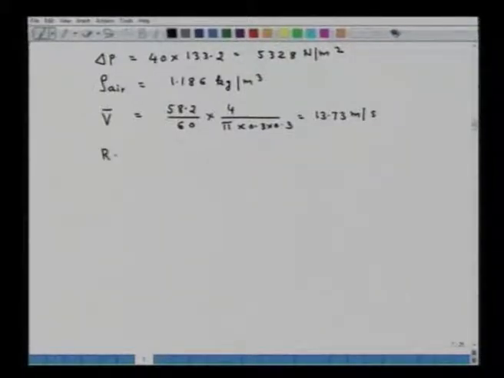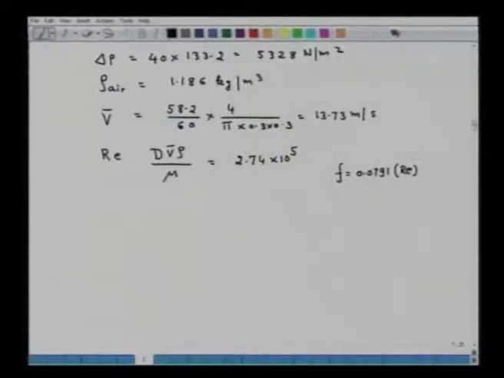Then we can calculate the Reynolds number, which will be d V bar rho upon mu. So, this value will be equal to 2.74 into 10 to the power 5. Now, I can substitute these values, and I know that F is equal to 0.0791 Reynolds number to the power minus 0.25.